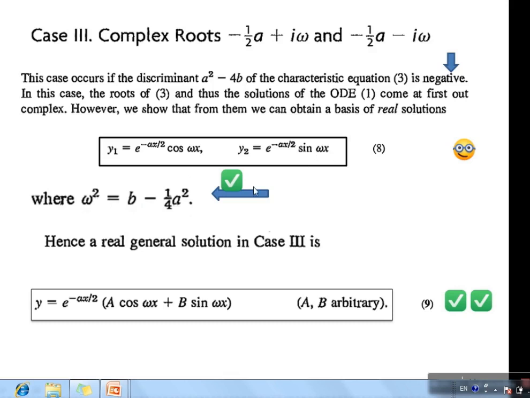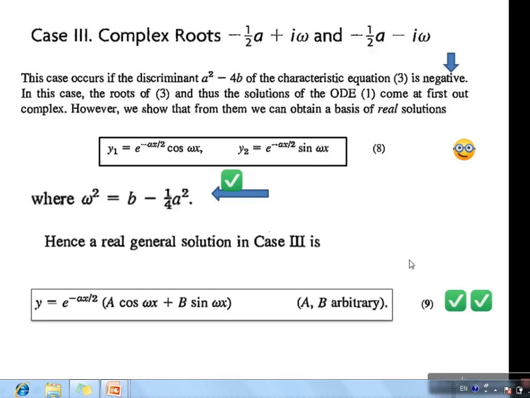So omega is the square root of b minus a squared over 4. In that case, if a squared minus 4b is negative, the solutions y1 and y2 are, look well here, y1 equal to e to the power minus ax over 2 times cosine omega x, and y2 equal to e to the minus ax over 2 times sine omega x.